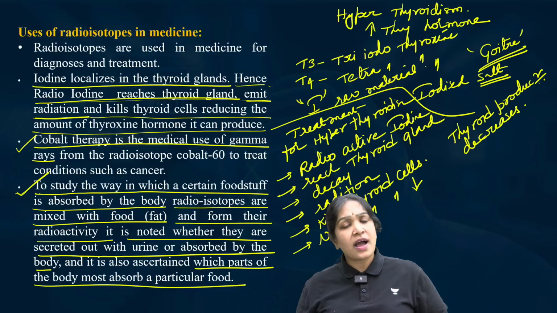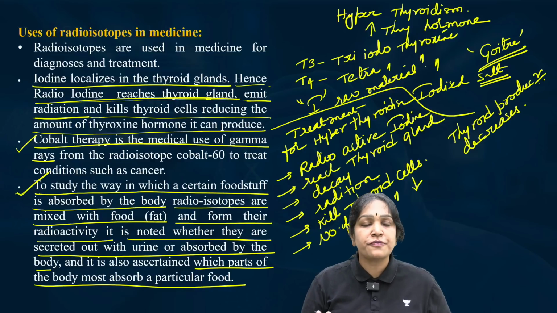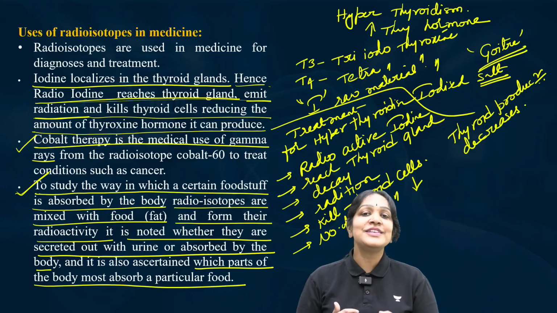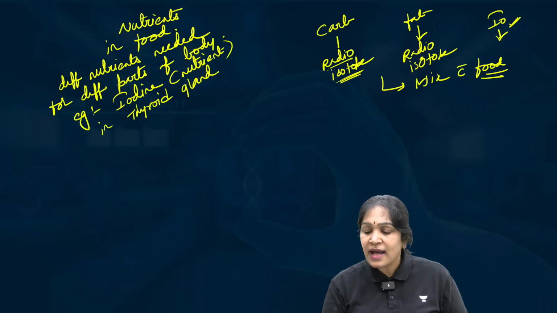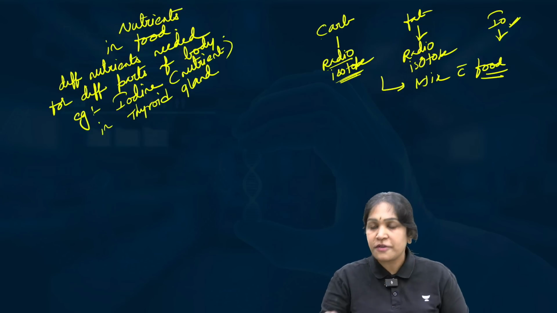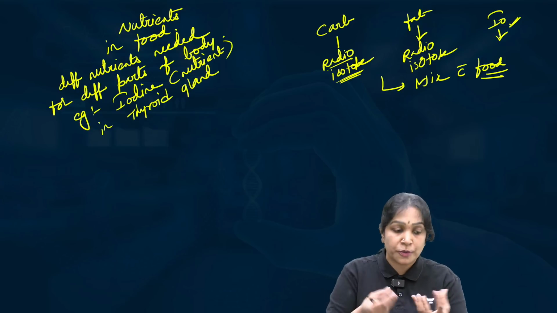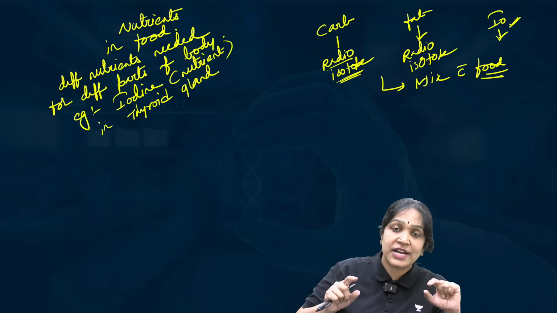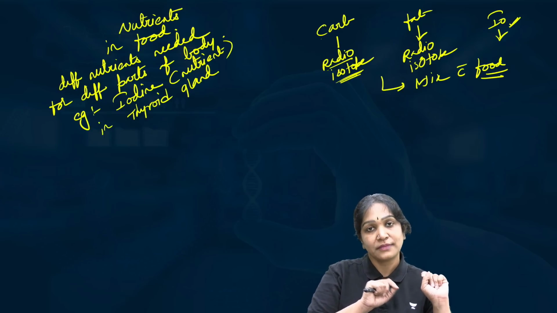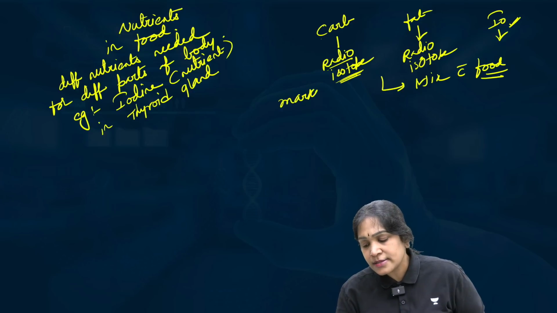Then you may get one doubt: are these radioactive elements not harmful? Yes, radioactivity is harmful, but not all types of radioactivity are harmful. When we mix radioactive elements in our food, as I told you, carbohydrates linked to radioisotope, fat linked to radioisotope, or some other protein linked to radioisotope, and I am eating it to study whether they are excreted or absorbed, and if absorbed, into which organ they are going, we are using them like markers.